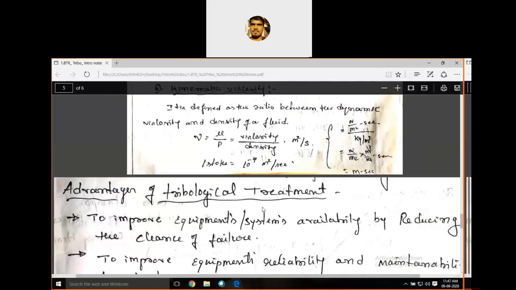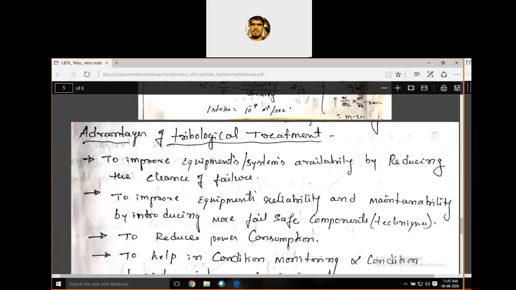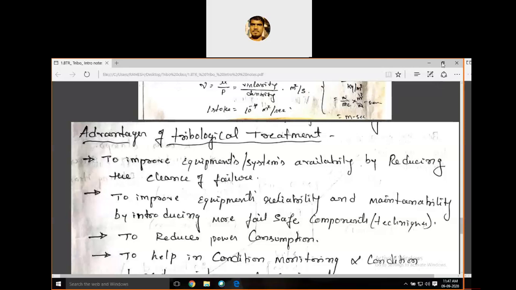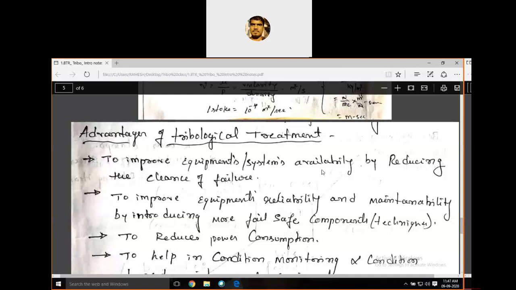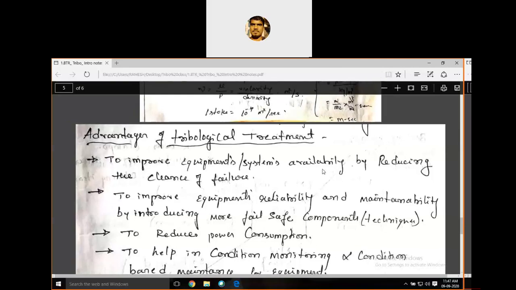Today, we will discuss the advantages of tribological treatment. That means if we use tribology in our existing system, what are its benefits?